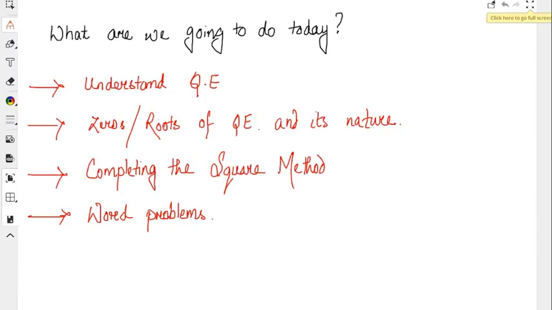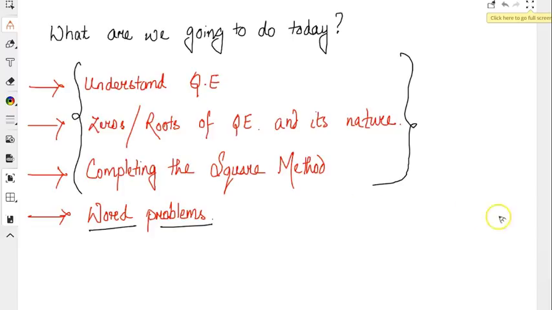So the things that we're going to do in this particular session is basically we will solve a lot of numericals which will be word problems. But before that, we will also give some time to understanding the basics of quadratic equation, like what is a quadratic equation, very basic questions which sometimes create difficulty for students, and some questions which you don't get answered in books generally.